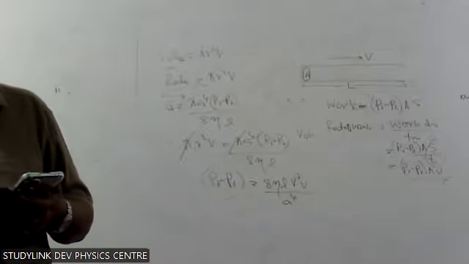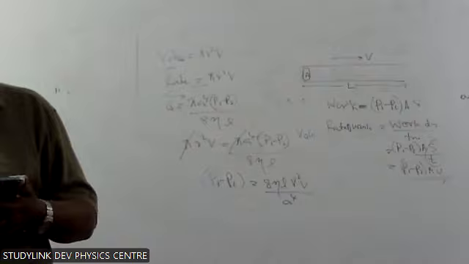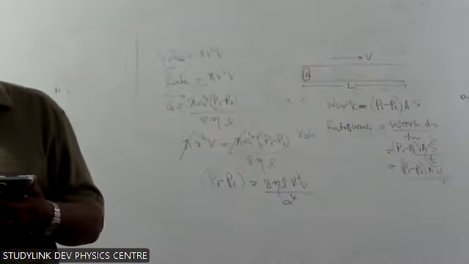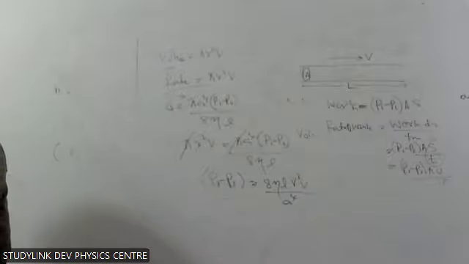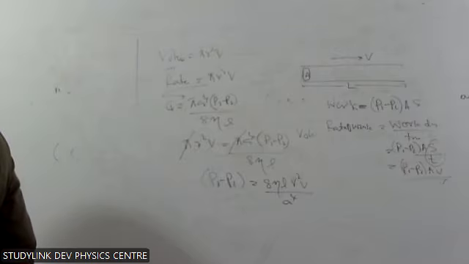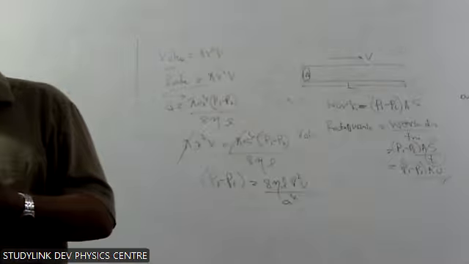At what radial distance from the axis is the speed of oil in the tube at its maximum and minimum values? They are asking maximum and minimum values. Read the question. What is the minimum power needed to deliver oil?